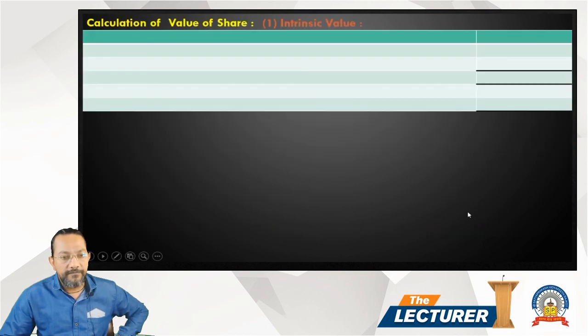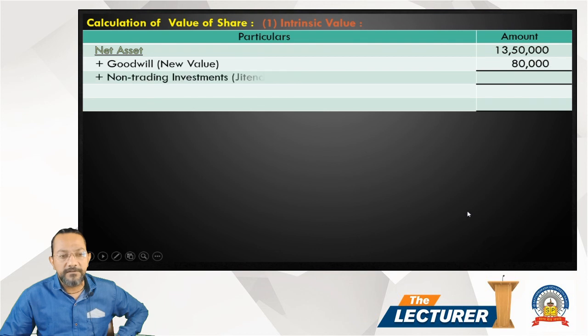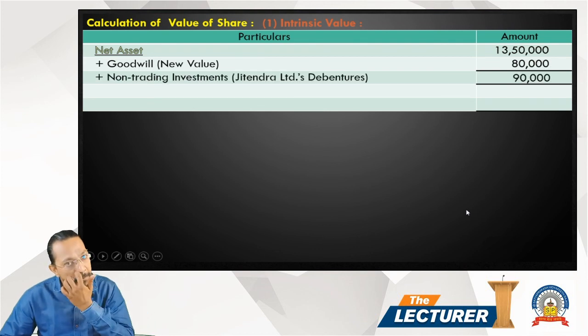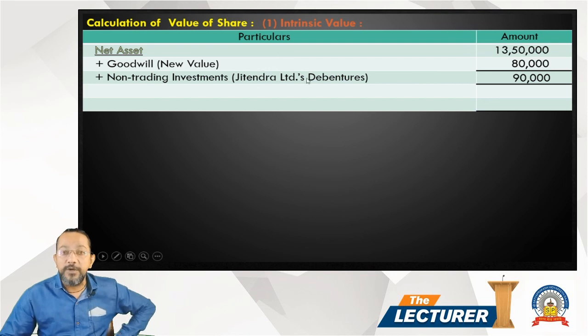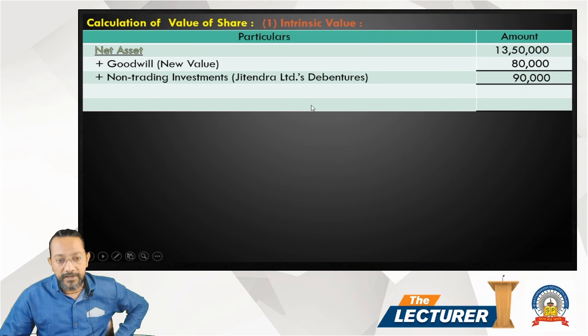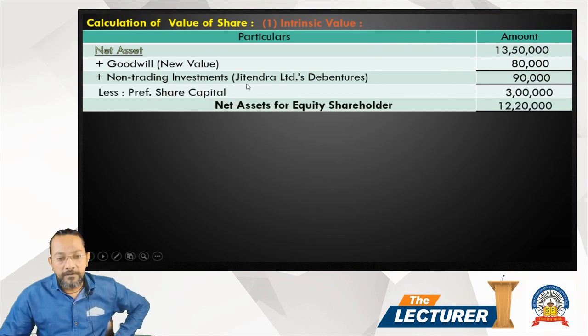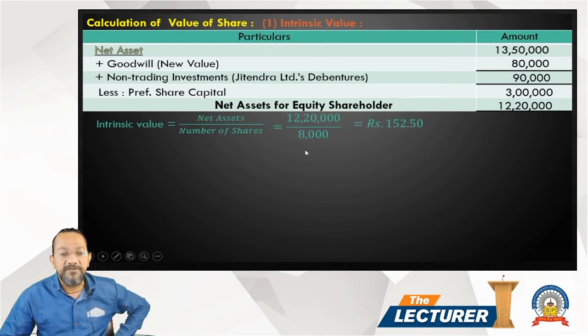After goodwill, intrinsic value: net asset, goodwill, non-trade investment. After calculation of goodwill, that new goodwill value will be added to the net asset and also add non-trade investment. Then you get the net asset for the equity shareholder. Intrinsic value is the net asset divided by number of shares.